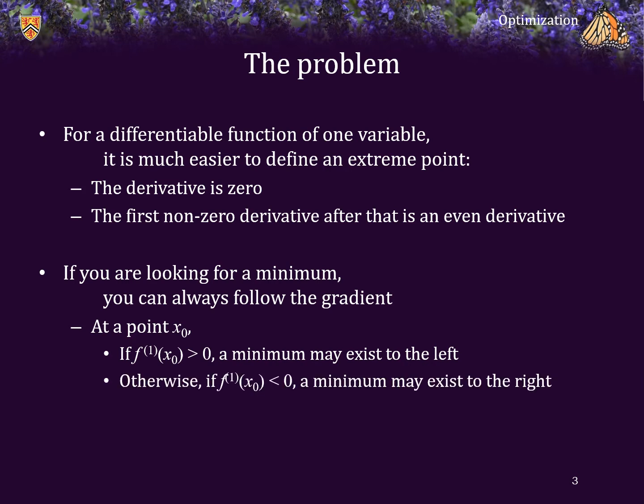Otherwise, if the derivative is negative, then the minimum may be on the right. Alternatively, you can of course also just check the value of 2 points, and the lower of the two will indicate on which side of the other the minimum is likely to exist.